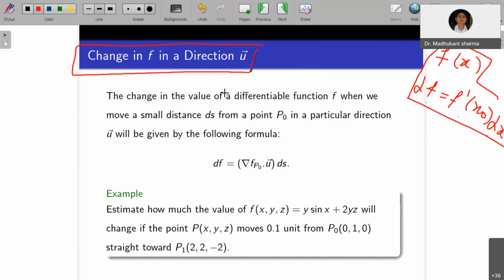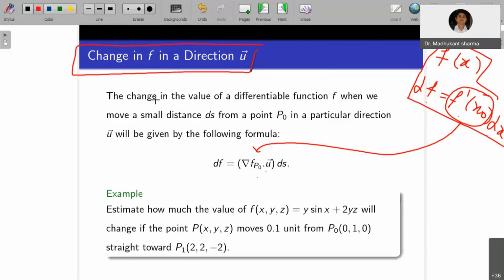Now, since you have already encountered the definition of directional derivative, when you talk about functions of more variables, 2 or 3 and so on, you can replace this by the directional derivative, which can be further replaced by this dot product: grad f at P naught dot u ds, where s is the arc length parameter of the curve.